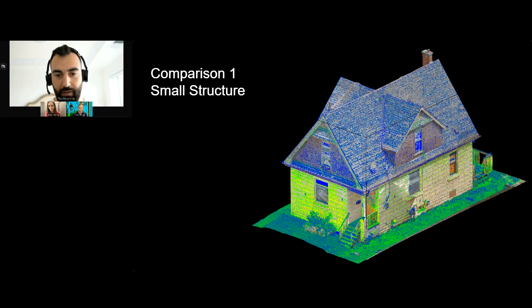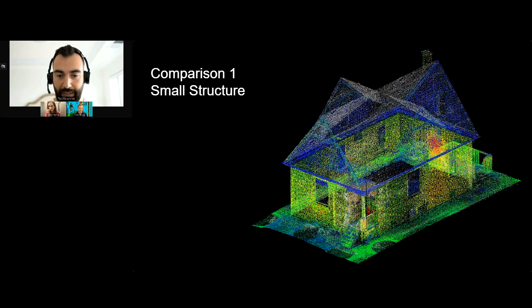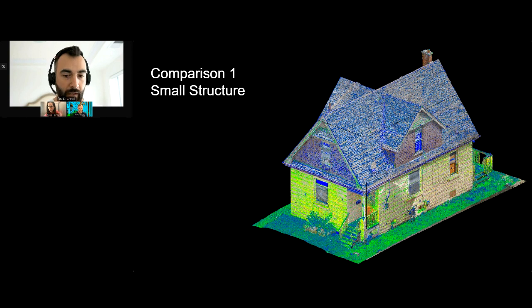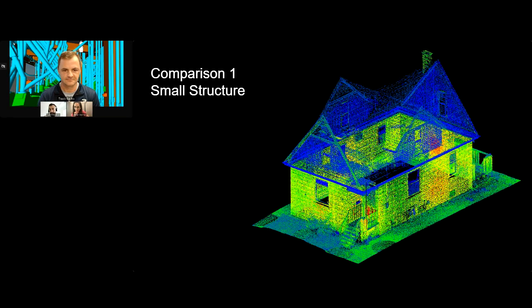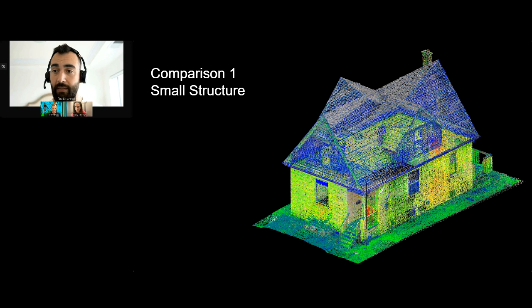Here's the area that we scanned. You're seeing the laser scan, and you're seeing the point cloud from the photogrammetry overlaid on it after I've registered those two things together. So which one is which? Yeah, so the laser scan is the one that's brightly colored. That's showing you the intensity of each return.